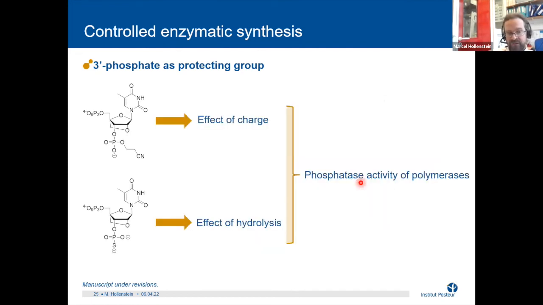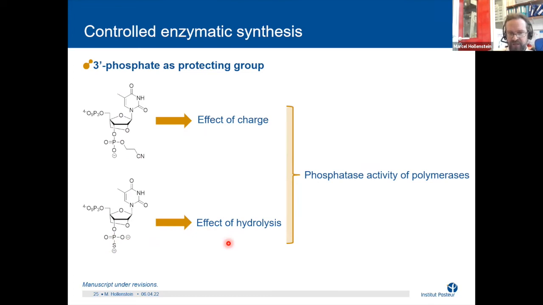And to rationalize these findings, we then synthesized two nucleotide analogs, one that has a beta-cyano moiety appended on the phosphate group to probe the effect of charge on the phosphate moiety, and one that has a phosphorothioate moiety on the 3' phosphate to evaluate the effect of hydrolysis.